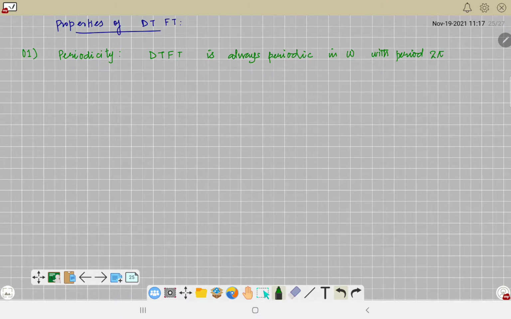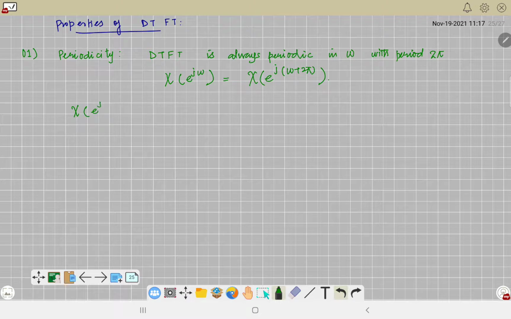Which means, in terms of an expression, X(e^{j omega}) will always be equivalent to X(e^{j(omega + 2 pi)}). You can easily prove it, just make some substitution.